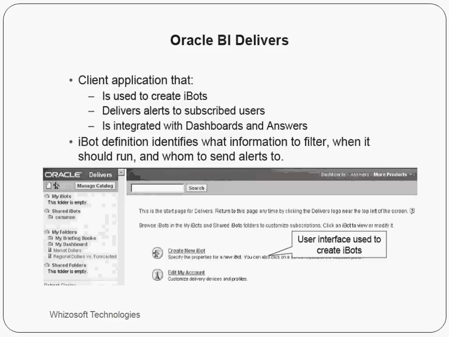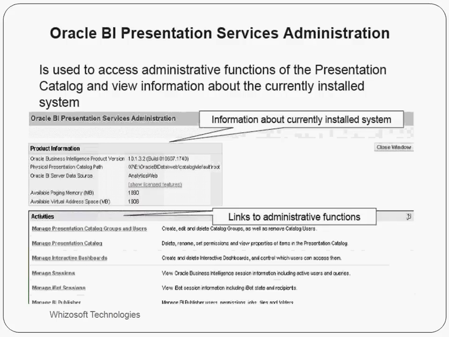The third main component in Oracle BI majorly used is Delivers. This is a screenshot which shows the interface where you can create a new iBot, which is a component of Delivers providing a particular report to the user. Here is another screenshot which we just wanted to show, of the administrative features which we can use.